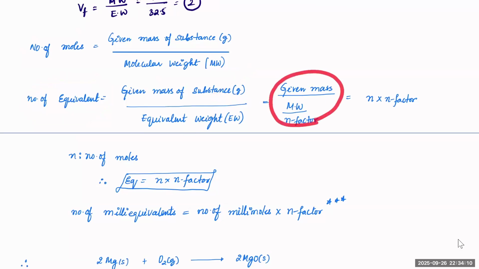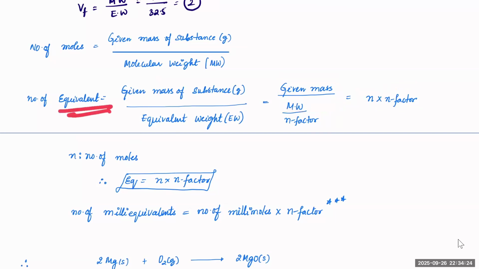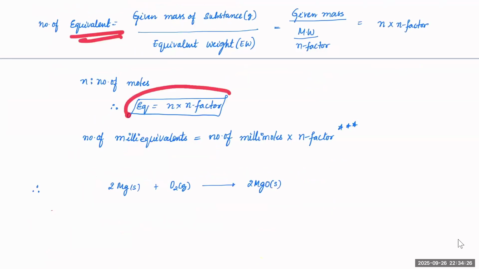And equivalent mass can be written as molecular mass by n factor or valency factor. Therefore, given mass by molar mass is the number of moles, and the number of moles into n factor is what we get as equivalents. This is an important formula that we will be using a lot. Equivalents is equal to number of moles into n factor. Got it?